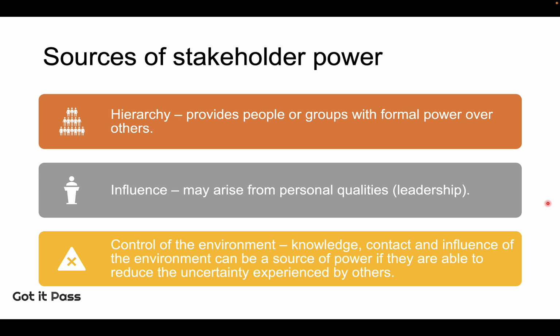It means that if you have very strong skills in a particular task, which is very important in the daily operation or in production, then you have the power to influence others, because others have to learn from you in order to make the product complete or finish the task. That is how control of the environment makes you more powerful in the organization.